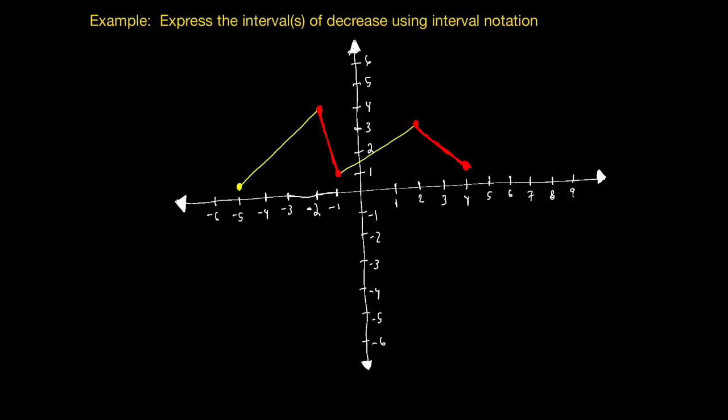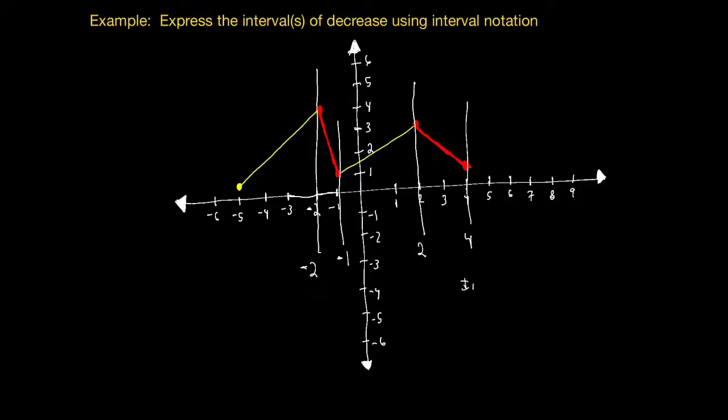Next, I'm going to draw the splits here explicitly. So I see that my first interval of decrease begins at -2, and then it ends at -1. And then for my second interval of decrease, we can see that it begins here at +2, and then it ends here at +4. So let's go ahead and express this using interval notation.